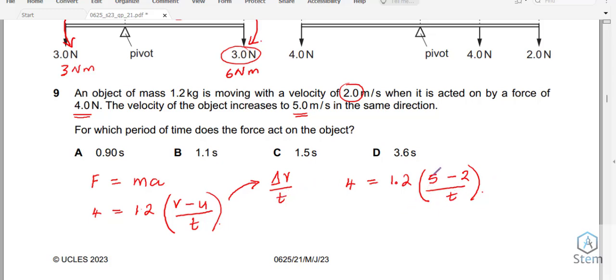If we solve this equation, let's do that together. Okay, that gives us t equal to 0.9 seconds. So our answer is A.